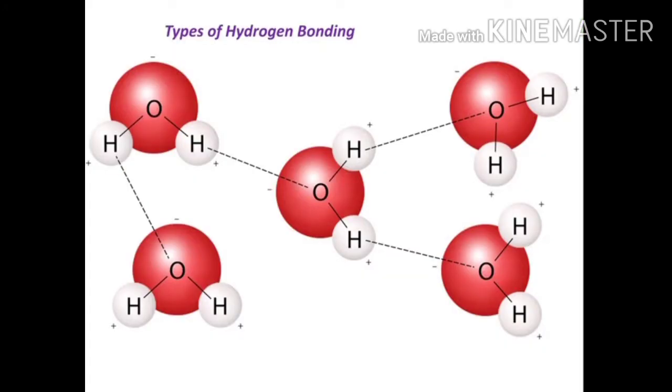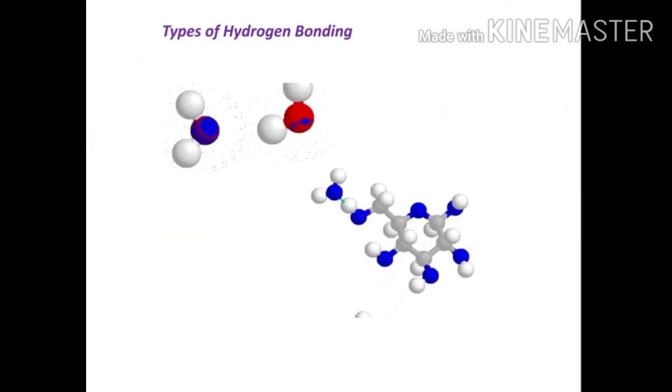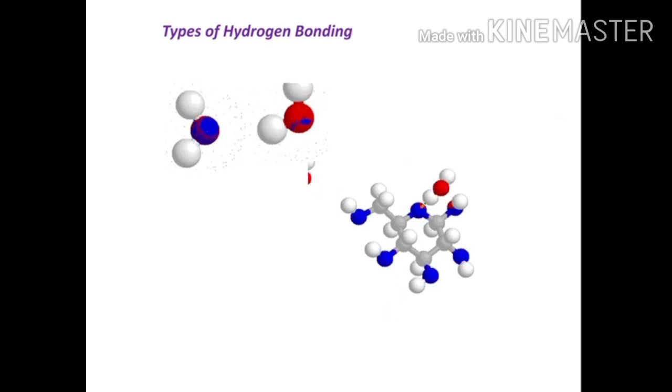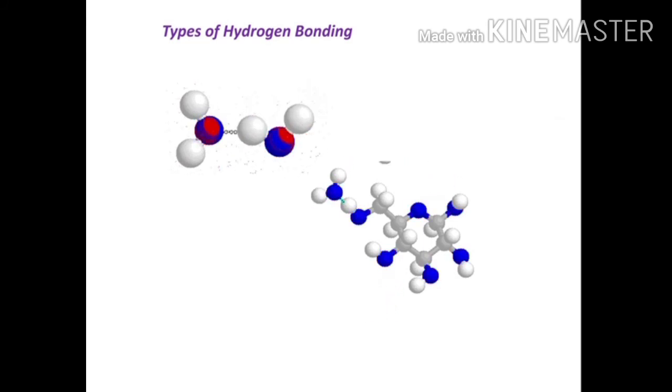This is the clear explanation of the type of hydrogen bonding between the water molecules. So, water molecules form strong hydrogen bonds with one another.